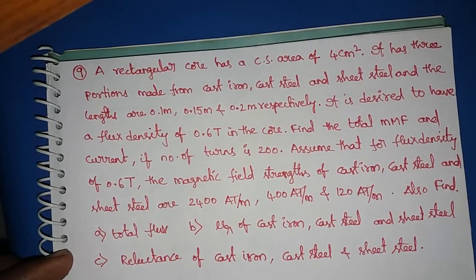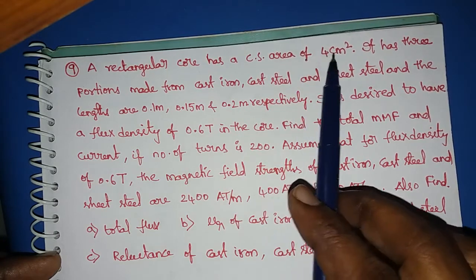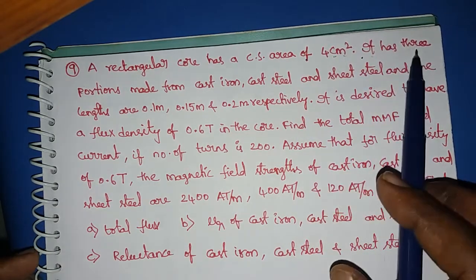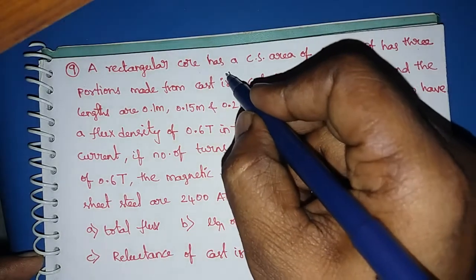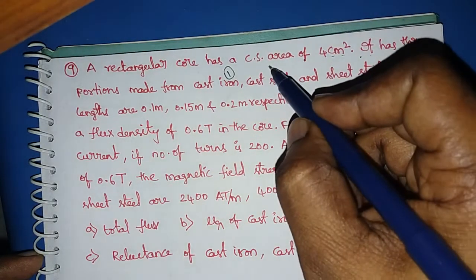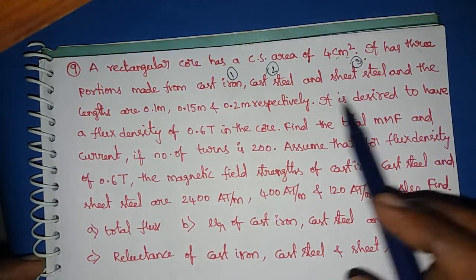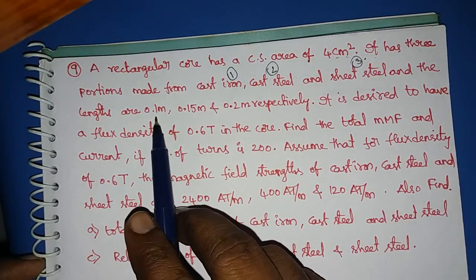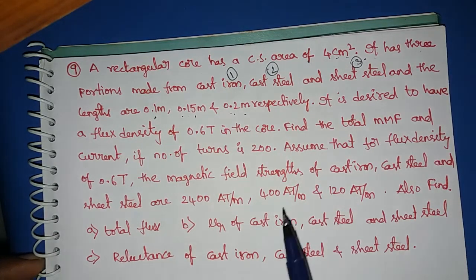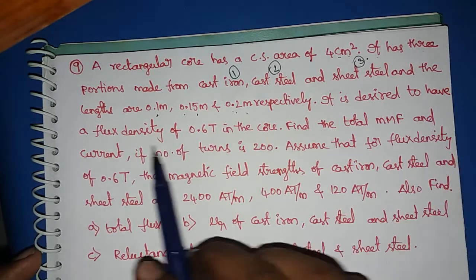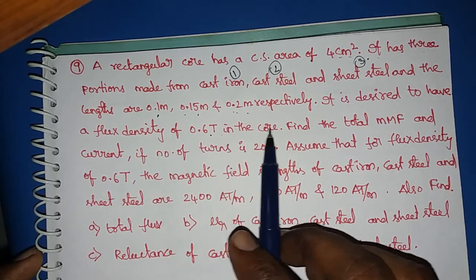This is one more problem. A rectangular core has a cross-sectional area of 4 centimeters square. It has 3 portions made from cast iron, cast steel and sheet steel, and the lengths are 0.1 meters, 0.15 meters, 0.2 meters respectively. It is designed to have a flux density of 0.6 Tesla in the core.